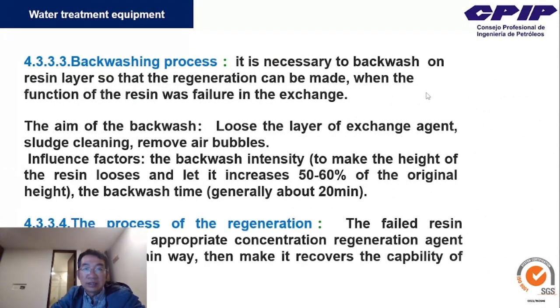Backwashing process. It is necessary to backwash the resin layer so that regeneration can be made when the resin has failed in the exchange. The aim of the backwash: loosen the exchange agent layer, clean the slag, remove air bubbles.